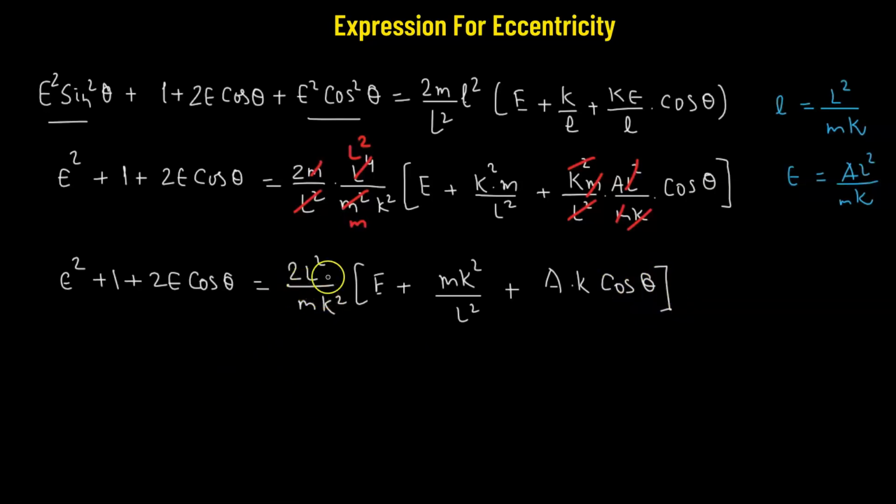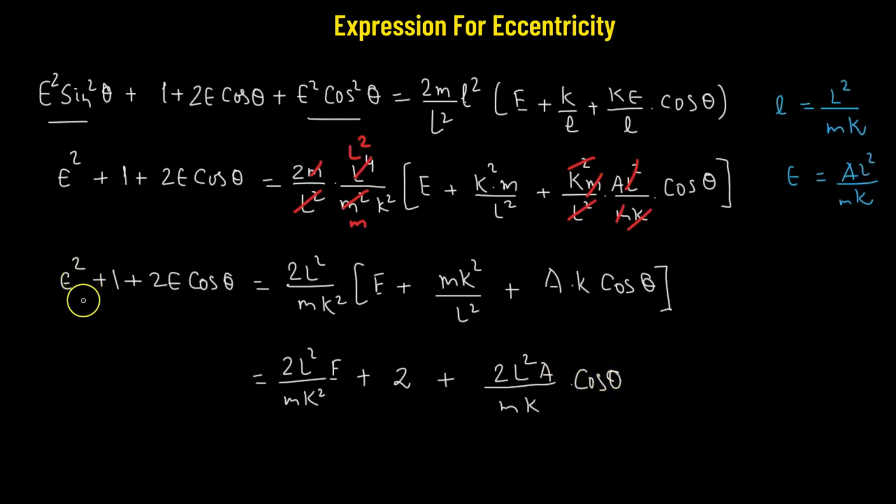Fine. So let's multiply 2l squared over mk squared. That gives us 2l squared over mk squared times E plus, so the second term will be left with only 2 plus we have 2l squared a divided by m times k cosine theta, and on the left hand side we have epsilon squared, so epsilon will be replaced with this particular value, so that will be a squared L raised to the power of 4 divided by m squared k squared plus 1 plus 2 times epsilon.